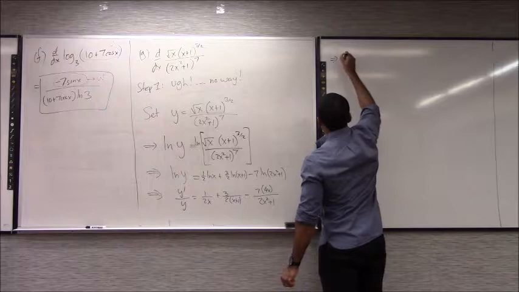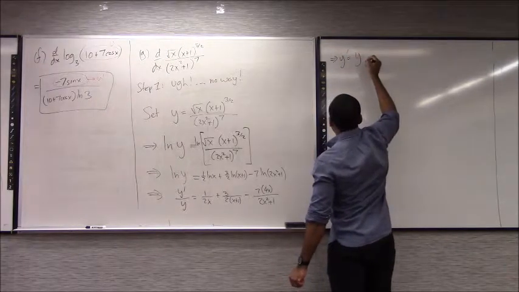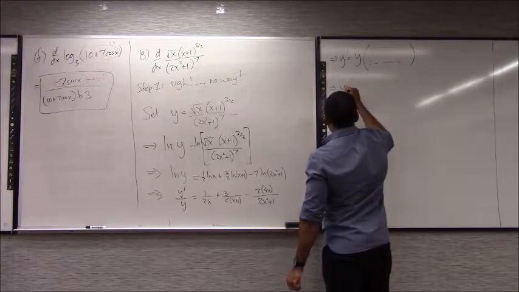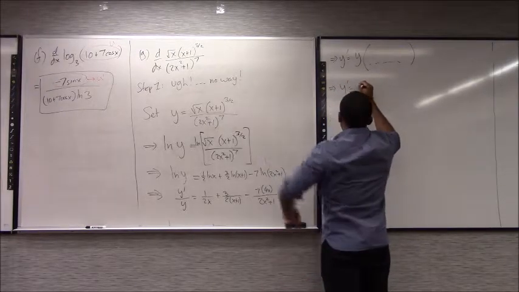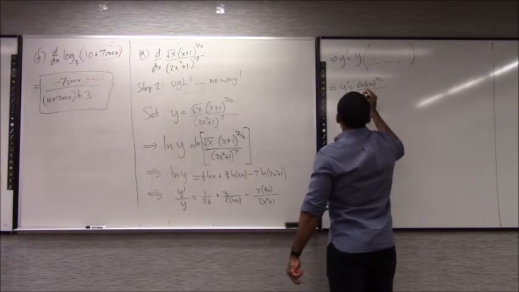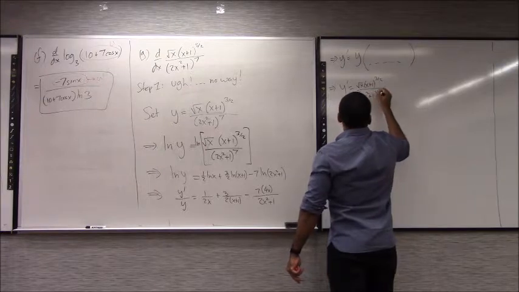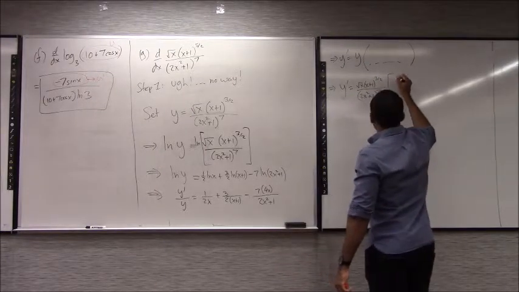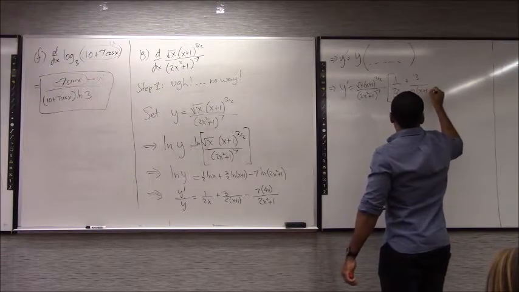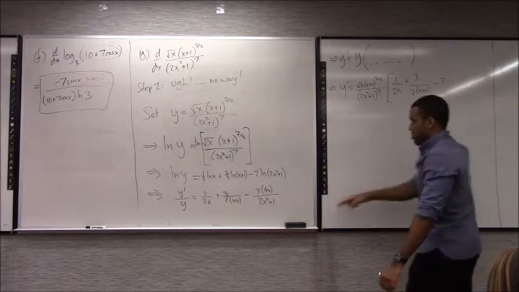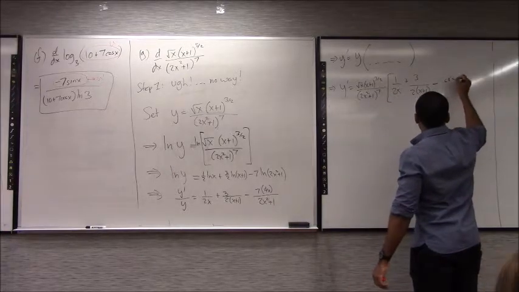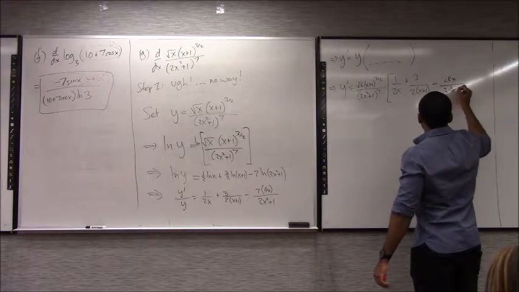And so that means my derivative is actually equal to y times all of that mess. In other words, the derivative is equal to that thing times 1/2x plus 3/2 times x plus 1 minus 28x over 2x squared plus 1.